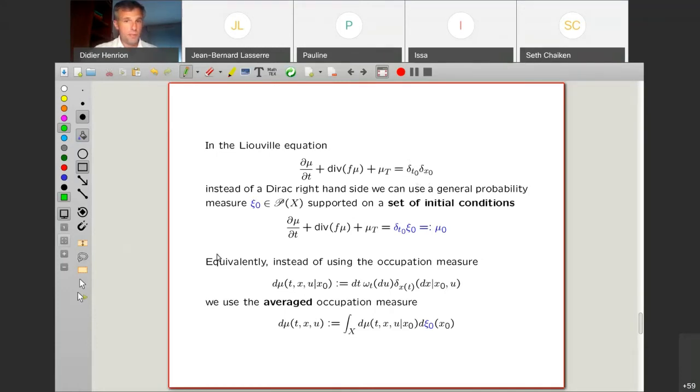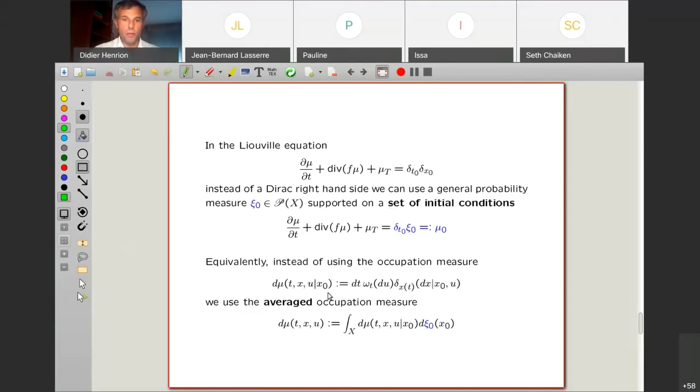But we can proceed exactly the same if instead of a given point x0, we have a general probability measure supported in the state set, xi0. So instead of a single initial condition, I can optimize over a whole set of initial conditions.